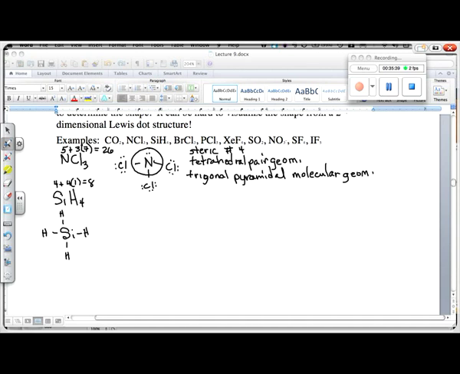Silicon has 2, 4, 6, 8, so it's good, and that gives us the total number of valence electrons that we wanted. Once again, we have a steric number of 4. Because we have no lone pairs, my electron pair geometry is equal to my molecular geometry, and it is going to be tetrahedral.